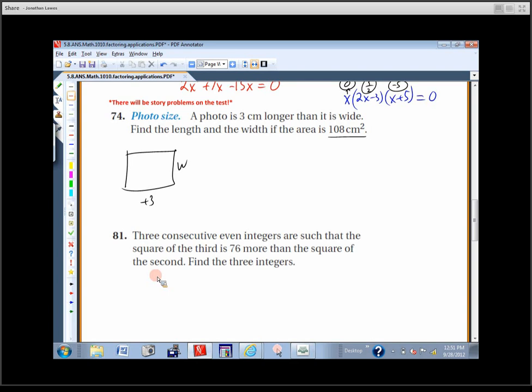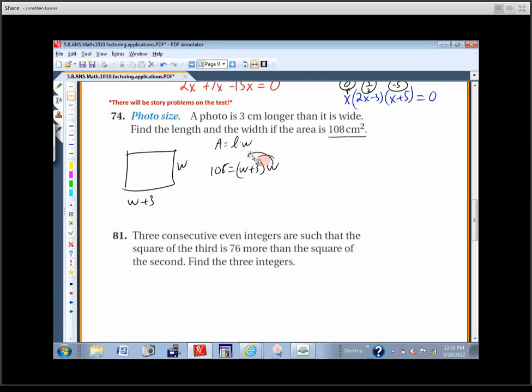So whatever the width is, we're going to add 3 to it. So width plus 3. Now, what do we know about this rectangle? The area is 108. And how do you find the area? Length times width. So 108 should be the length, w plus 3 times w.